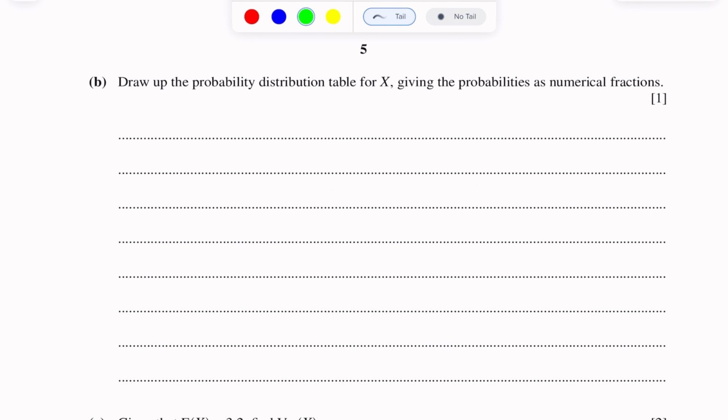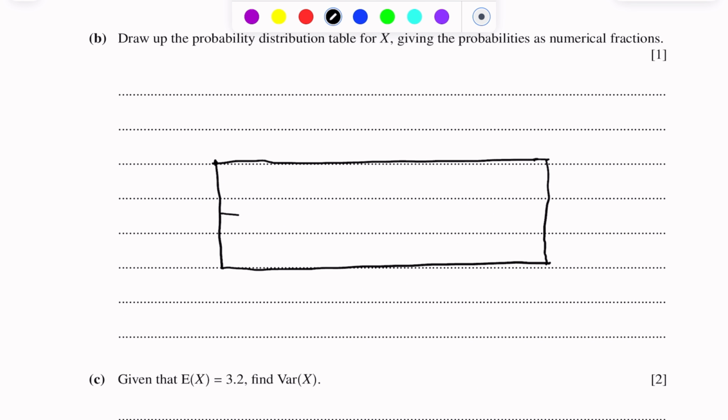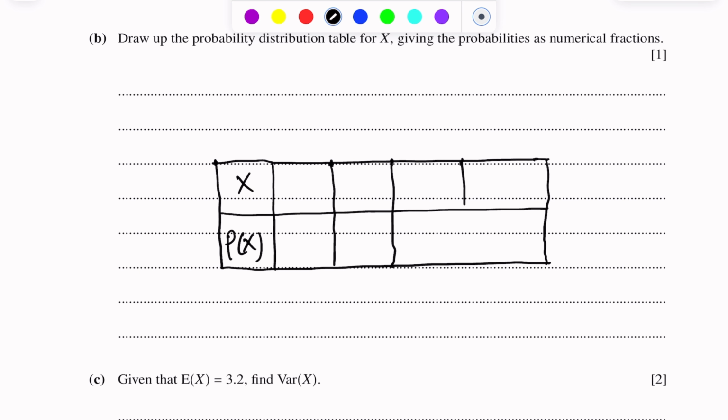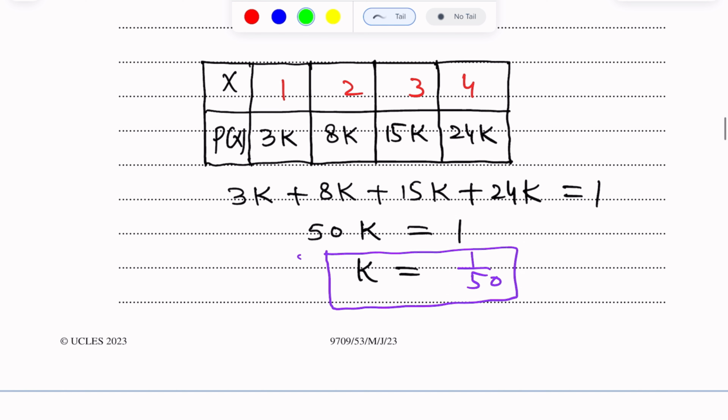The table has x and probability of x. Values of x are 1, 2, 3, 4.